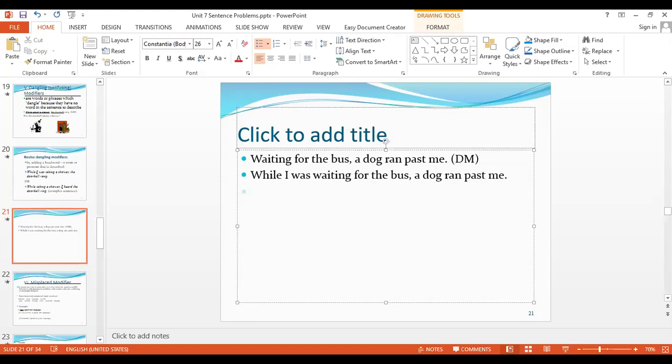And the second way, waiting for the bus. Now, the second way, everybody, how do we correct it? Make it modify the right subject. This is the first way, to add subject and verb in the dangling part. How about the second one? Waiting for the bus. Now, what should we say here, everyone?